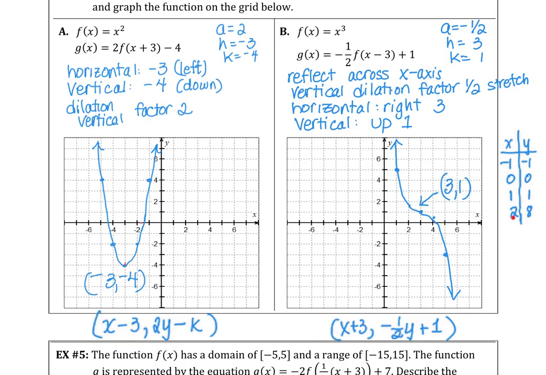So this table of values over here in the margin, this is what the parent function values look like for x cubed: -1, -1, 0, 0, 1, 1, 2, 8, and so forth.